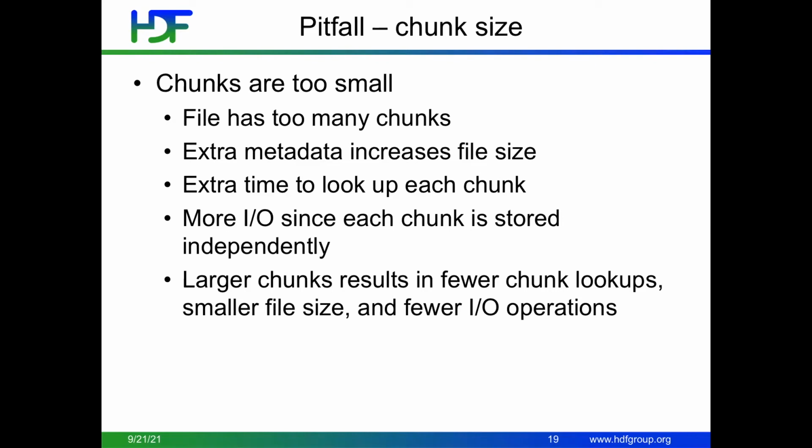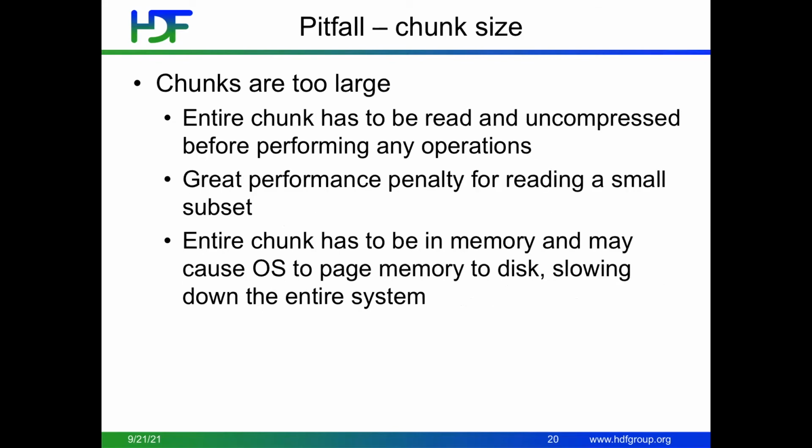And independently, I'm talking here about the serial case, so we will read a chunk at a time. While larger chunks result in fewer chunk lookups, smaller file sizes, and fewer I/O operations. So you really have to balance what your goal is, what you're trying to achieve.